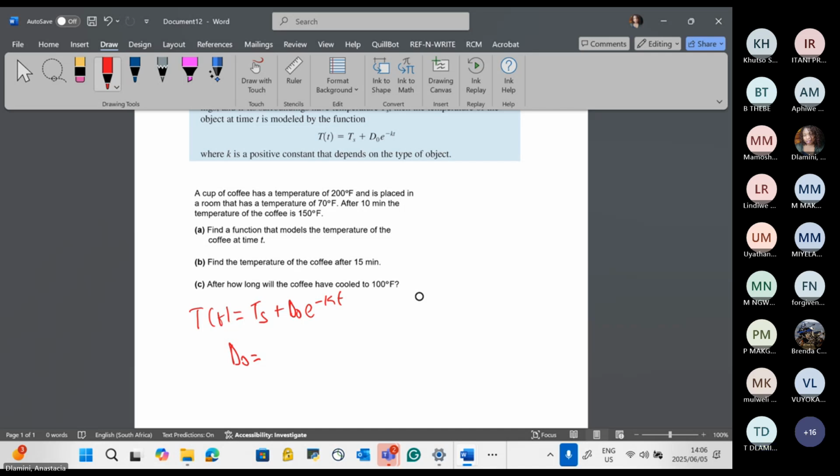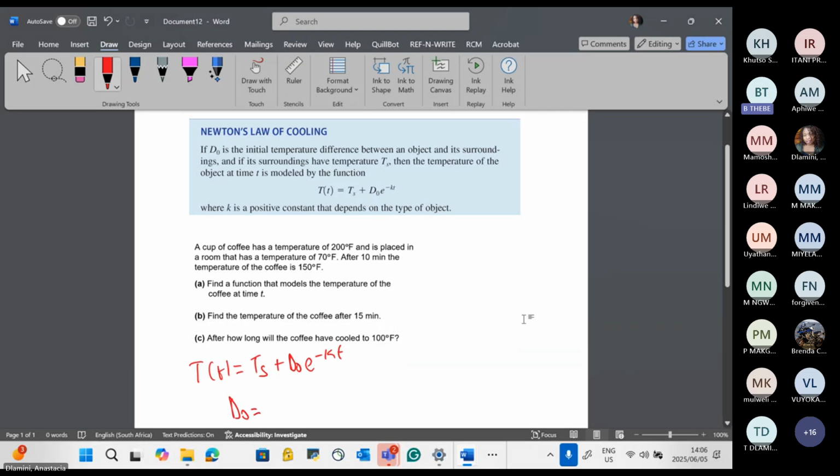D0 is the difference between the initial temperature and the one it has decreased to. The difference is the answer that you get from subtracting. So what are we subtracting? The initial temperature of the object, which is 200.